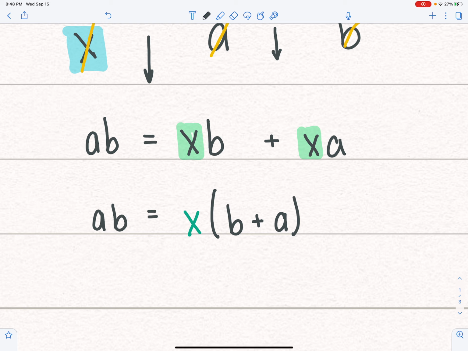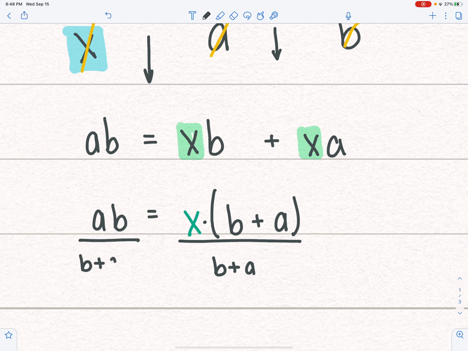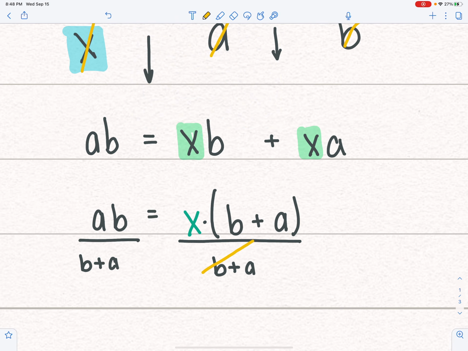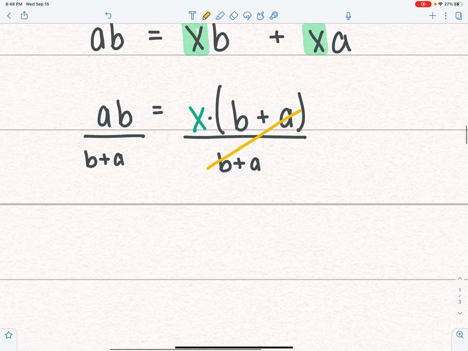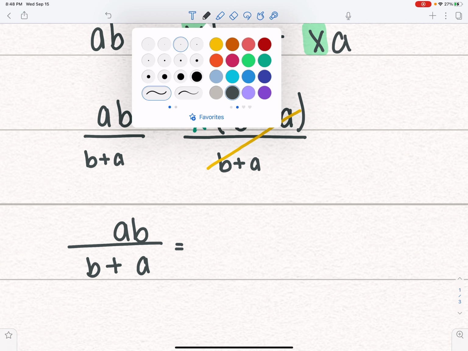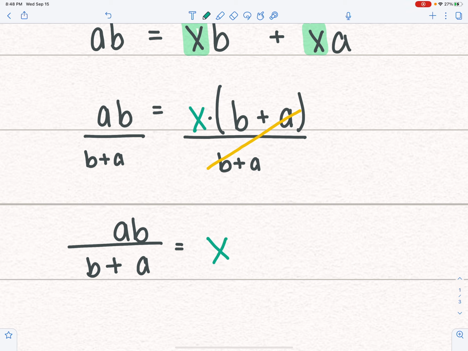I'm still solving for x, so I have x times something. To get rid of x times something, I'm going to divide by that something on both sides, which makes these cancel on the left, and will leave me with ab over b plus a equals that variable x that I am solving for.